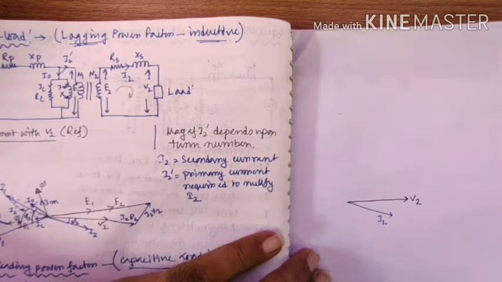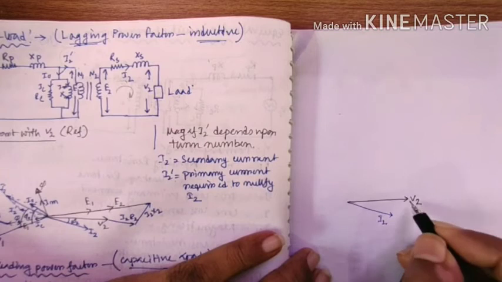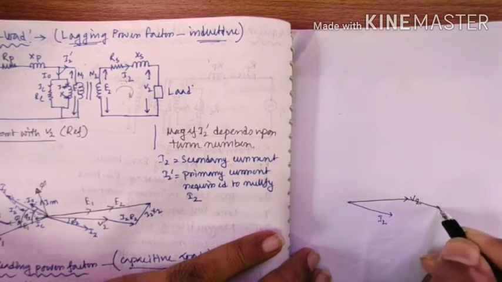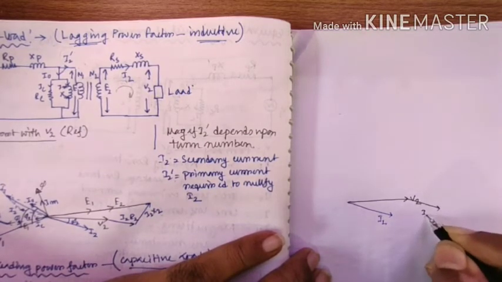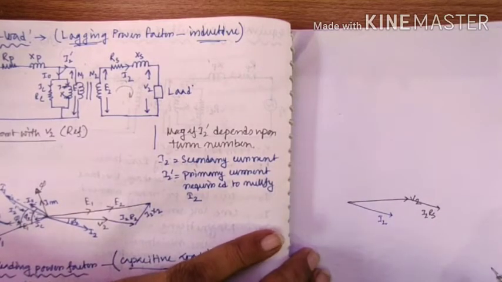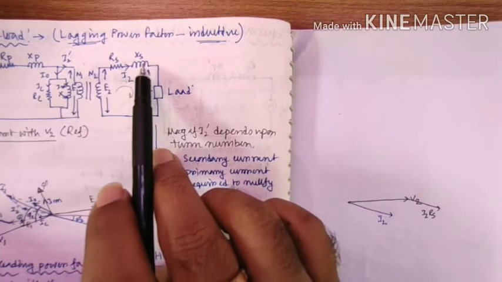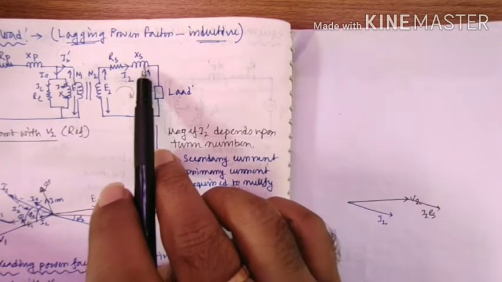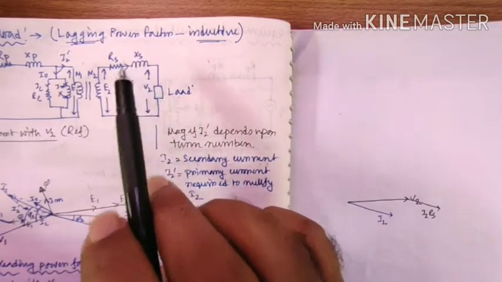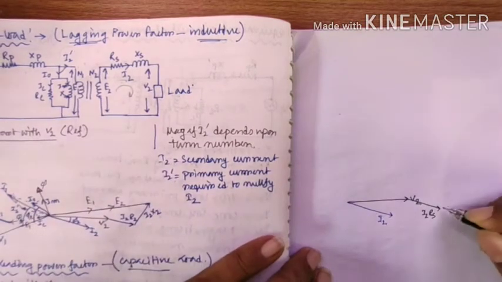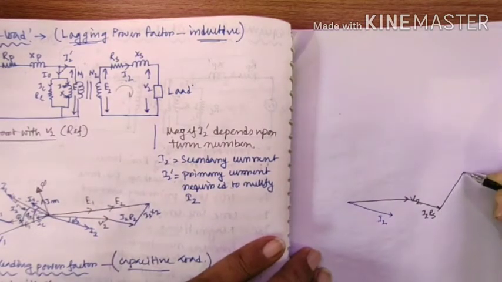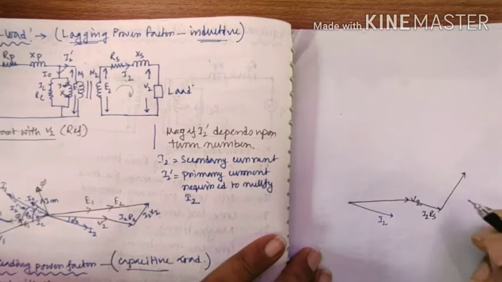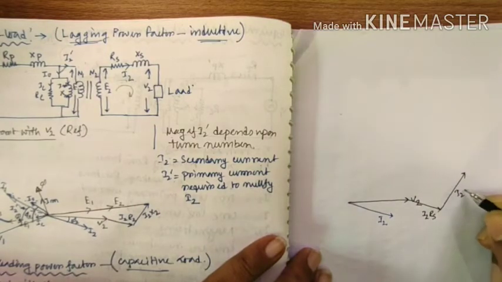Parallel to I2. So this direction gives us I2 into RS. Now I2 current is flowing through XS, the inductive reactance, so it should lead by a 90-degree angle. So assume this one. This one is I2 into XS.